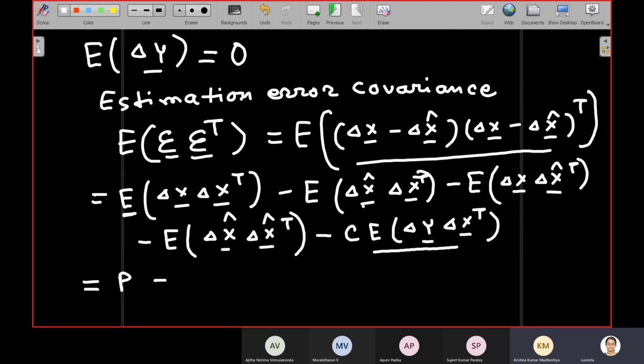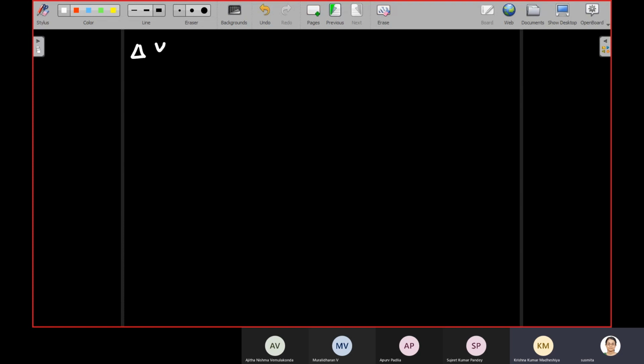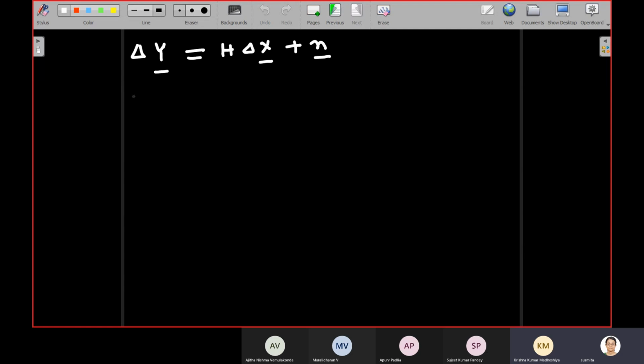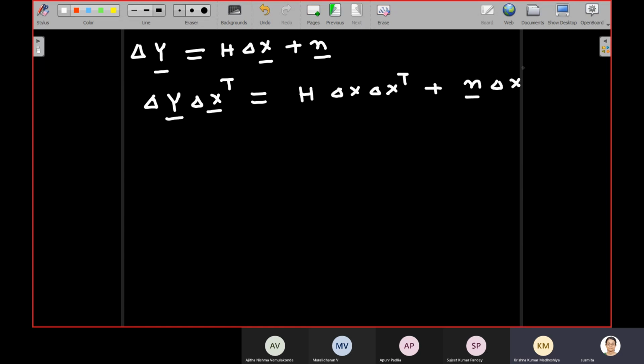Now what is this? We are interested in this one, delta y, delta x transpose. So let's multiply delta x transpose, and then apply the expectation.